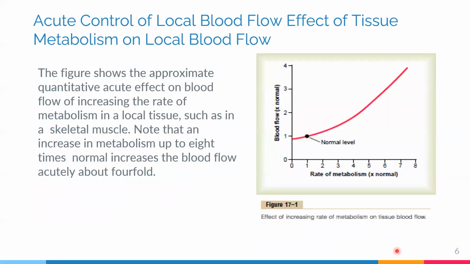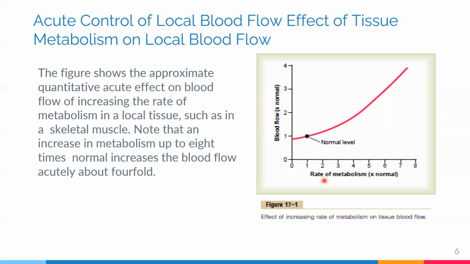First off, we will look into the acute control of local blood flow and the effect of tissue metabolism on local blood flow. This figure shows an approximate quantitative acute effect on blood flow of increasing the rate of metabolism. So this is essentially a plot of rate of metabolism versus the increase in blood flow.